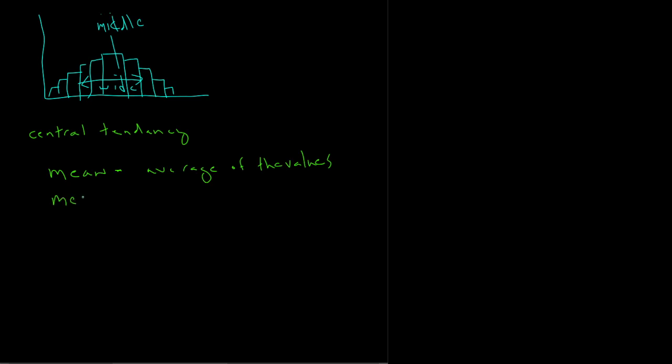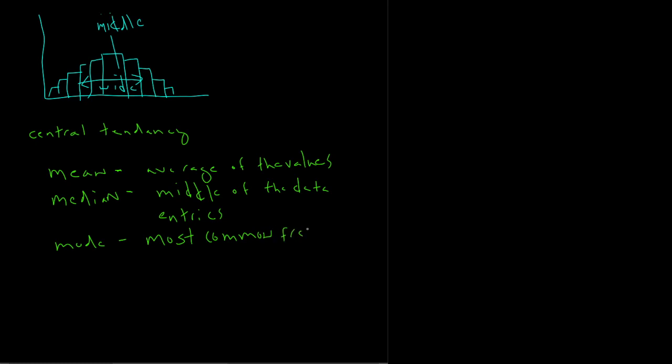The median, which is the middle of the data entries. And the mode, which is the most common or frequent data value. And so the mean, the median or middle, the mode or the most.